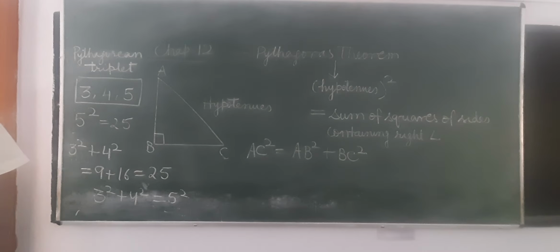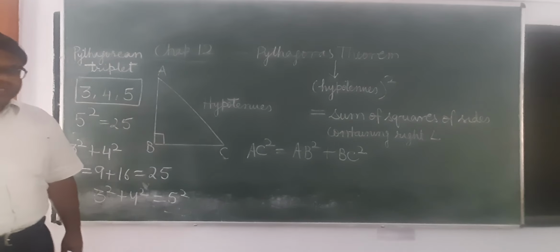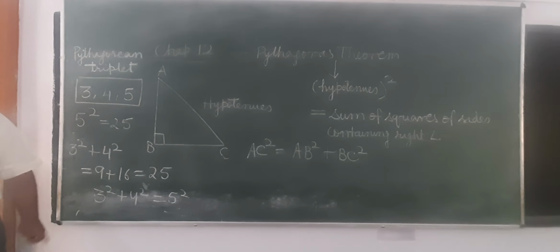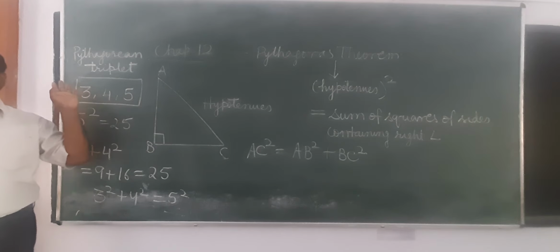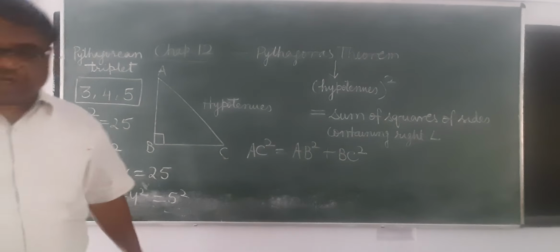Now one more thing, if in any triangle the square of the longest side is equal to the sum of the squares of the remaining two sides, then that triangle will be a right angle triangle. And which angle will be of 90 degree? The one which is opposite to the longest side. So you note down this.